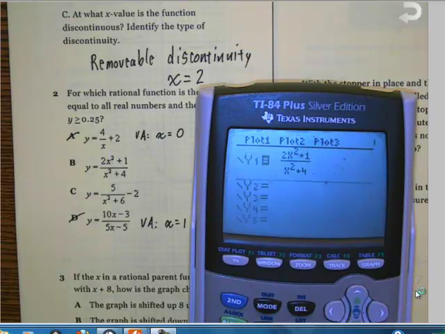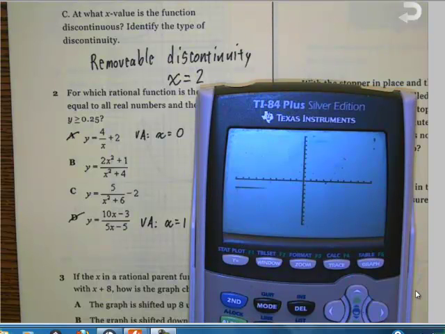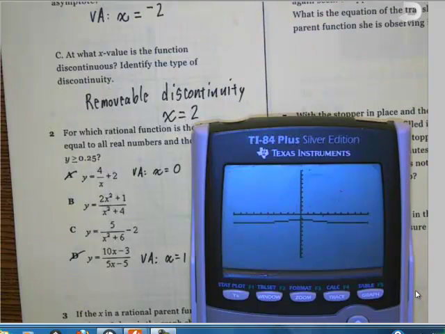Now, let's compare that to choice C, where we have 5 over x squared plus 6, minus 2. Now, when we graph that, you see that it's clearly less than 1/4. It's actually much, much lower. And so it fails the range test.